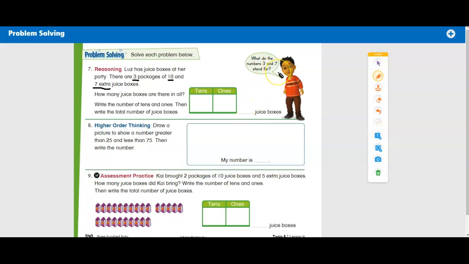Our friend says, what do the numbers 3 and 7 stand for? What number would that be? Write your answer in the blank for blank juice boxes and show your work in the tens and ones frame. You can pause the video at any time to continue working.